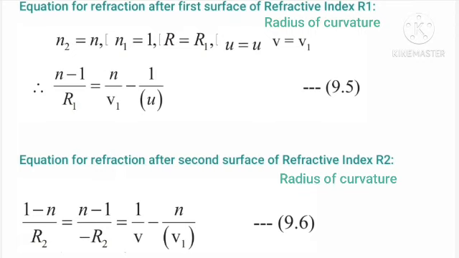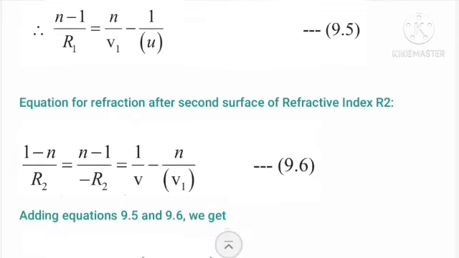By rearranging some terms, we can write n minus 1 upon minus R2 on the left, and on the right, the distance of the real image is v from the pole, so 1 upon v minus n upon v1, where v1 is the object distance. Now we can add equation 9.5 with equation 9.6.